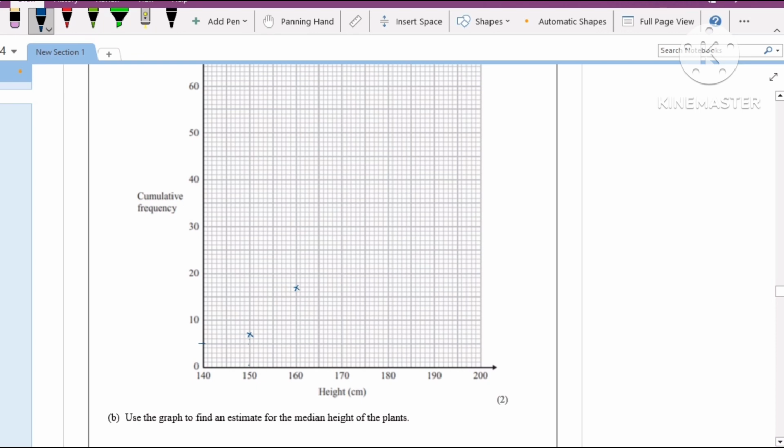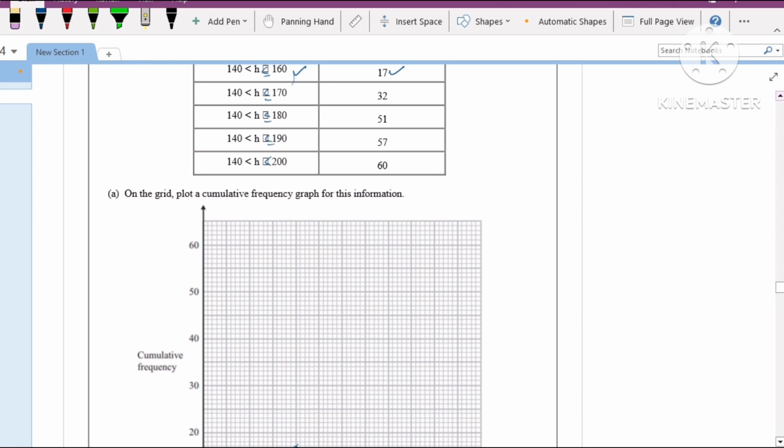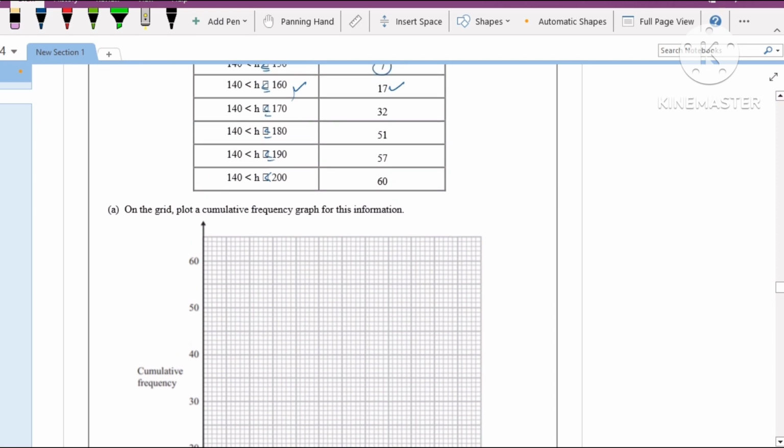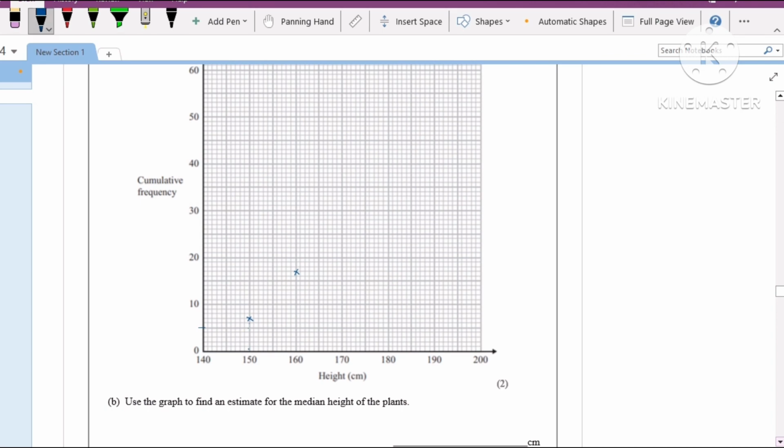The third point is at 170 and 32. This is the third point. And same here, you will draw all the points.